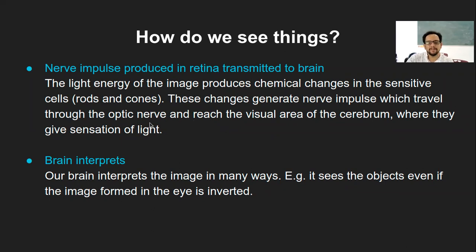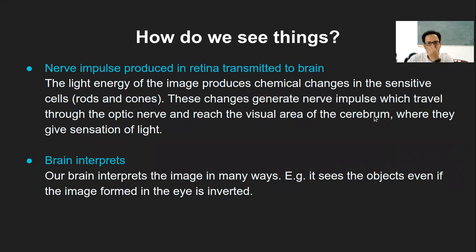Again, the type of nerve which carries the signal from the eye structure to the brain is the optic nerve. And a nerve is the combination of neuronal cells. So there are many nerve cells or neuron cells. That is what we call a nerve in general, which is a bundle of nerve cells. It will reach the visual area of the cerebrum.